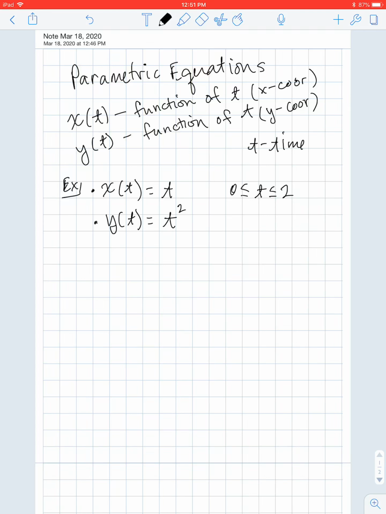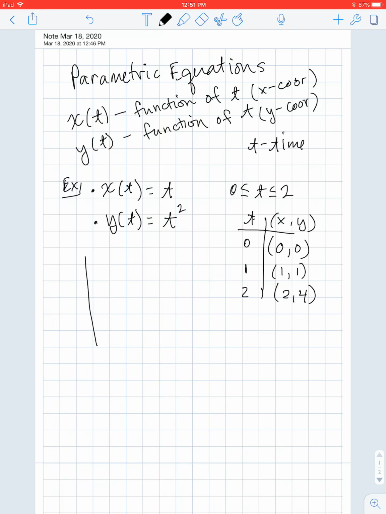Basically what's happening here is, at time equals 0, your x and y coordinate would be 0, 0 just by plugging in t to be 0. For example, if it's 1, you would have a point 1, 1, and if it's 2, you would have a point 2, 4, just by plugging in 1, 2, etc.